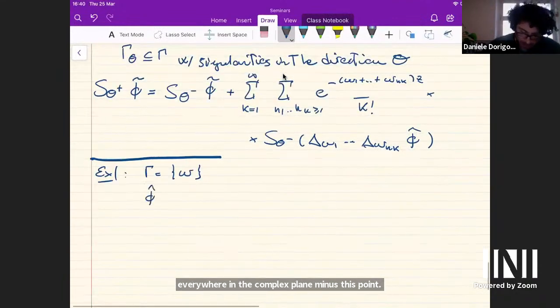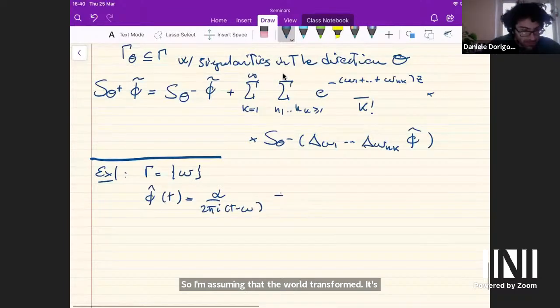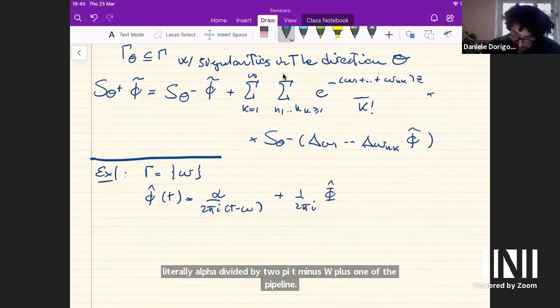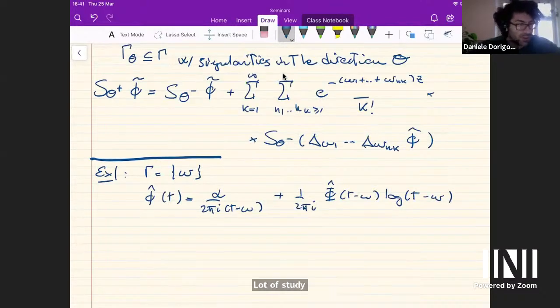So I'm assuming that the Borel transform is literally alpha divided by 2 pi i (t minus w) plus 1 over 2 pi i phi hat (t minus w) log of (t minus w). I'm assuming that this holds on the whole complex plane minus the pole.